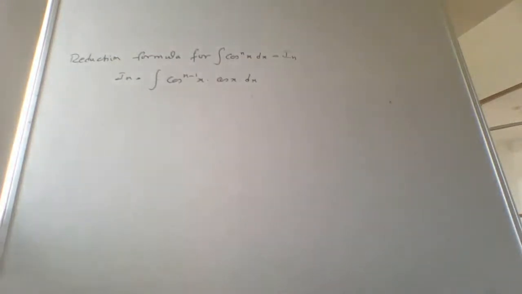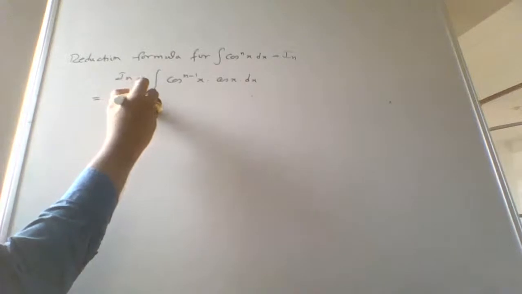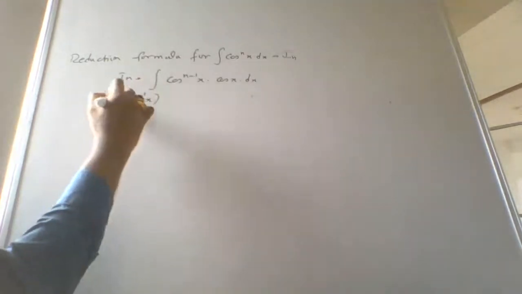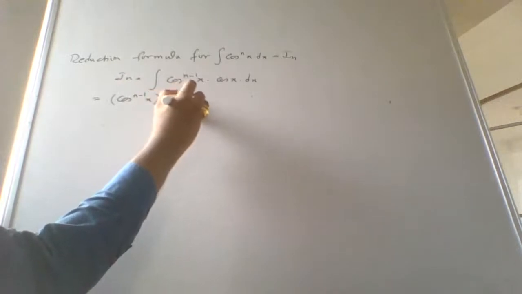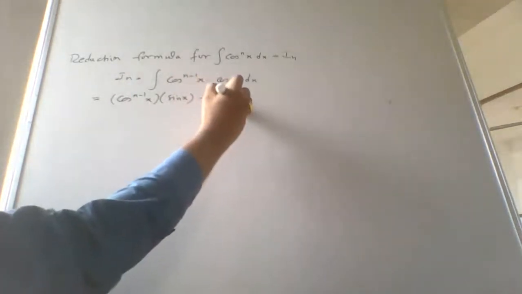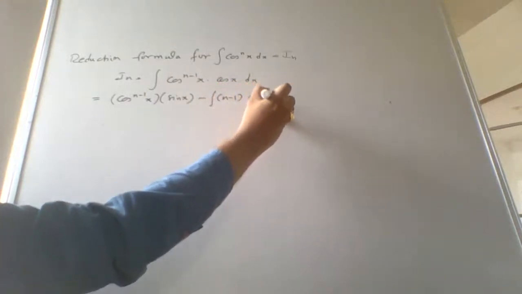Again we have integration by parts. Let us do that. We get cos to the power of n minus 1 x, and the integration of cos x would be sine x, minus the integral of n minus 1 into cos to the power of n minus 2 x.